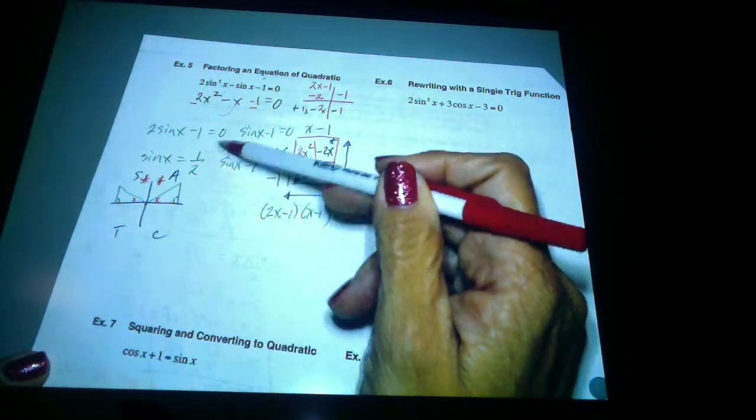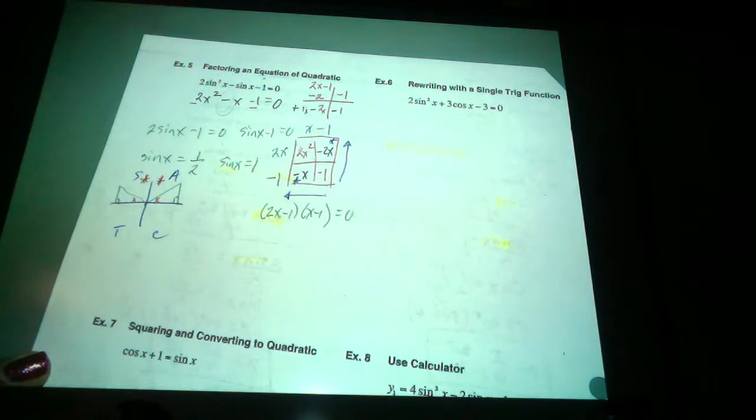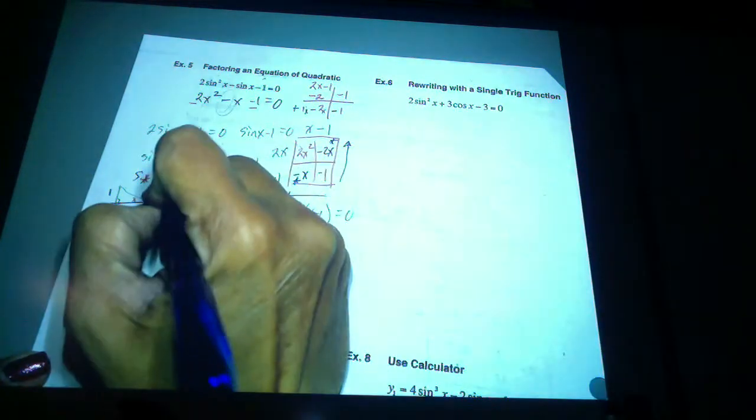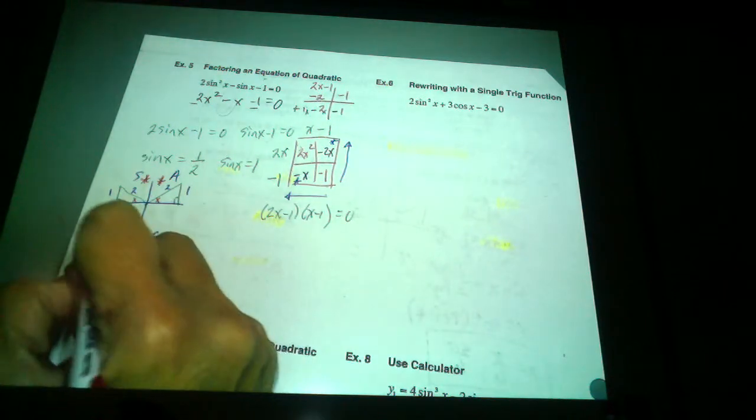Sine is whatever, what? Opposite over hypotenuse. So I have, opposite would be +1, and my hypotenuse is 2. It doesn't matter what the third side is, because all I'm interested in is what is across from x. So x is across from 1, so that means that x is equal to what? 30 degrees, which is our reference angle.